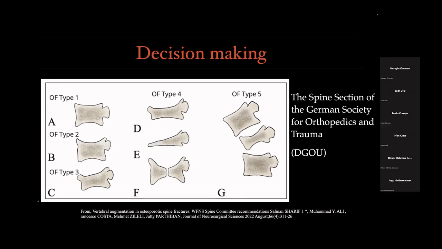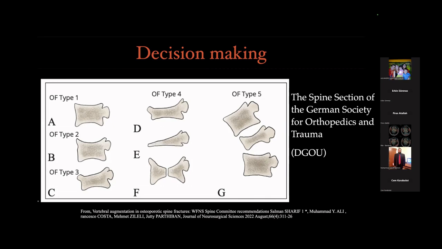Type 4 is divided into 3 portions. One is complete burst fractures. Another is vertebra plana, a very compressed vertebral corpus. The other is the puncture fractures, the wide vertebral corpus.